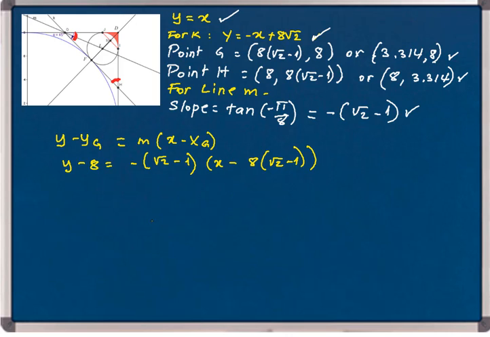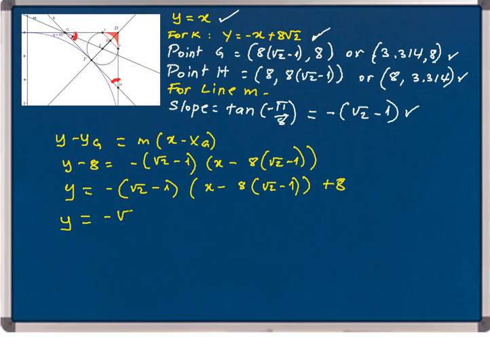Okay? When we continue, we can say that y is equal to negative of all this, minus 1, times x minus 8 square root of 2 minus 1, plus 8. Okay, so we multiply this. We get y is equal to negative square root of 2 minus 1 times x.